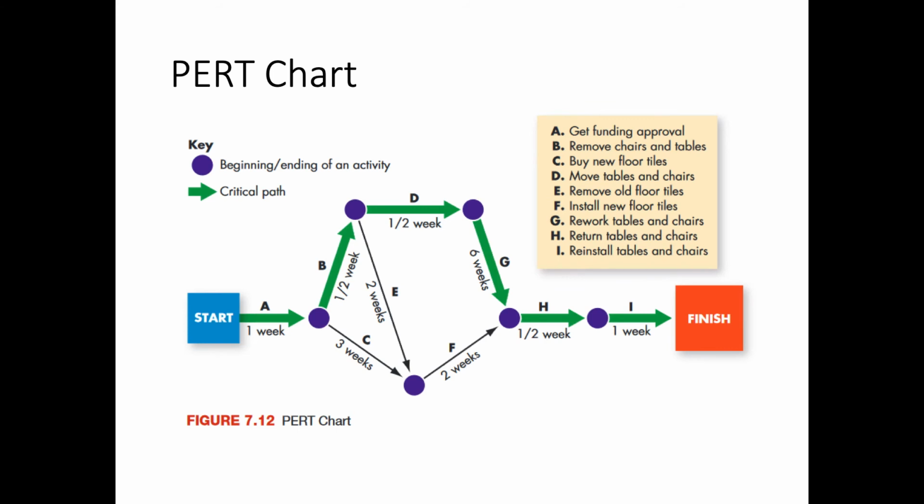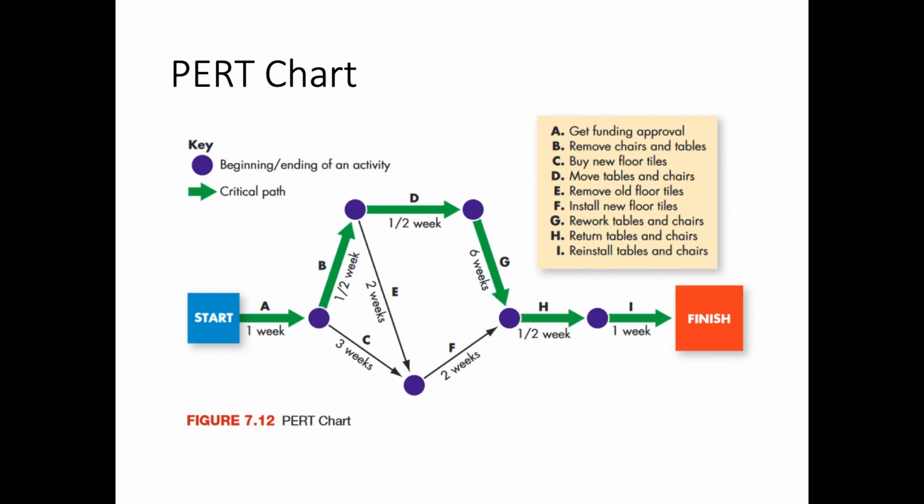And notice, for instance, right, that step E, remove the old floor tiles, right, leads to step F, installing the new floor tiles, right? So you really can't do one until you do the other.